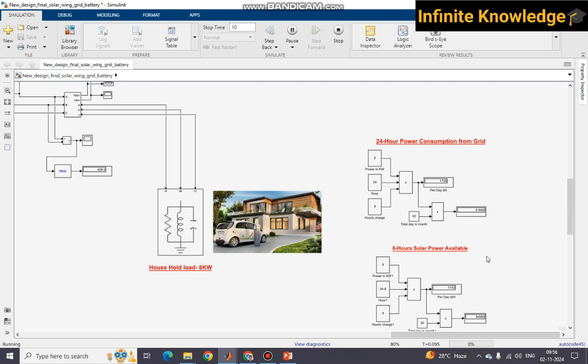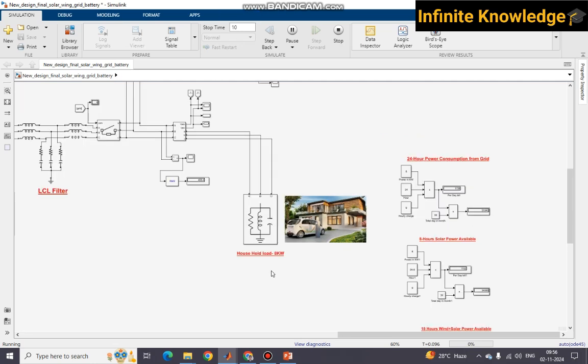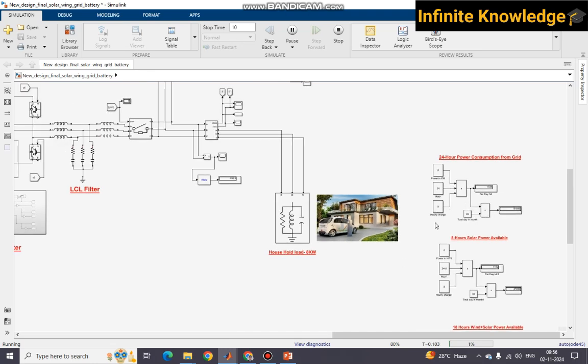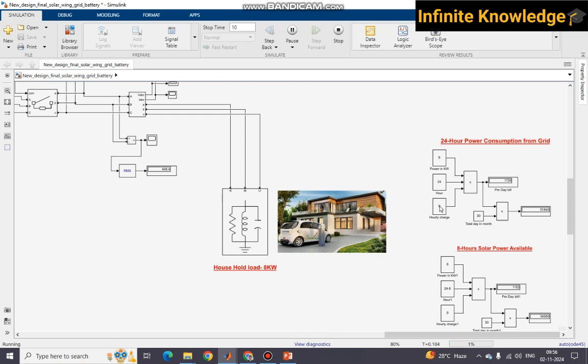So it is nearly 52,000 rupees if you continuously take the 8 kilowatt load from the grid, and 9 rupees per kilowatt is your charge nearly. So then your electricity bill is 52,000, which is very high.